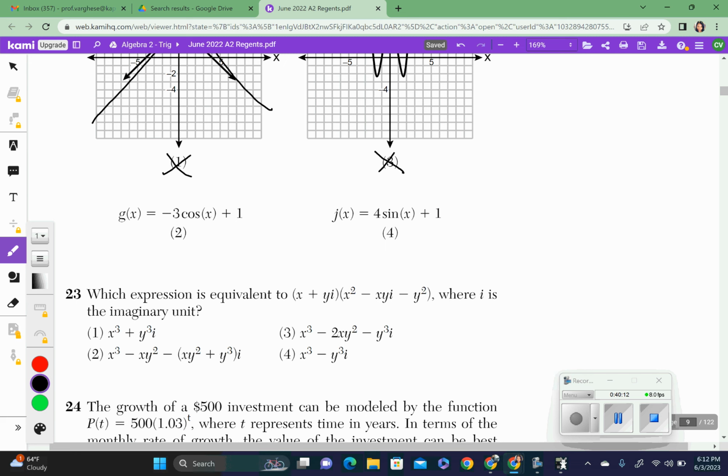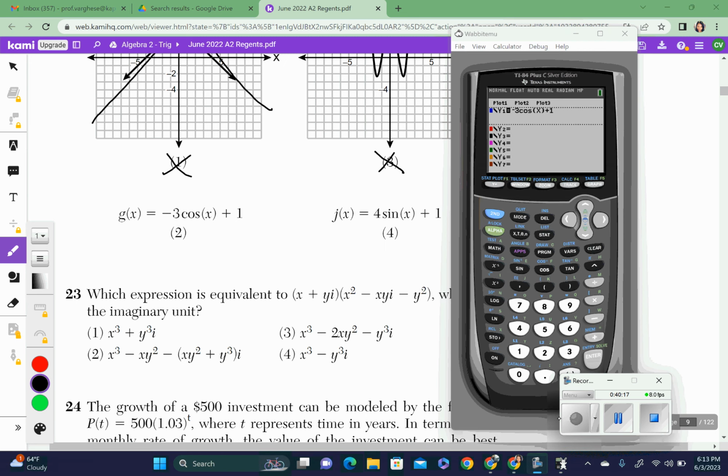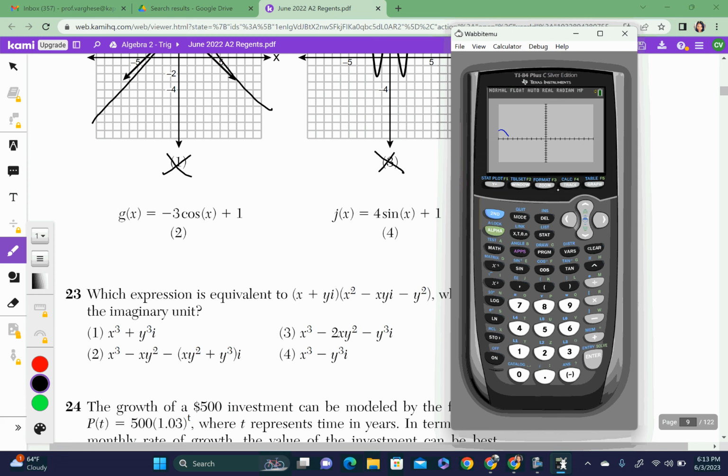These two are just ones that you can plug into the calculator. So plug this into the calculator. Don't forget, as you're plugging this into the calculator, that after the x, you close the parentheses, and then you're just going to go ahead and hit graph, and you can see that the maximum here is going to be at 4, and the minimum, right, so that one works.